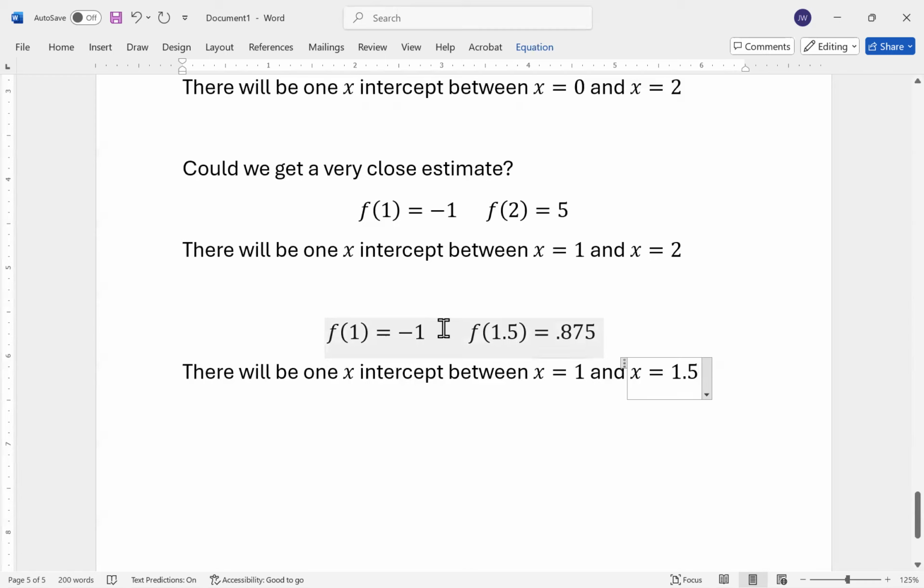So I can just keep doing this where I pick any number in between. I keep picking the middle number, but if you wanted to pick 1.1 as well, or 1.3, anything between 1 and 1.5, that's fine too. So you could get better and better approximations by going through that process.